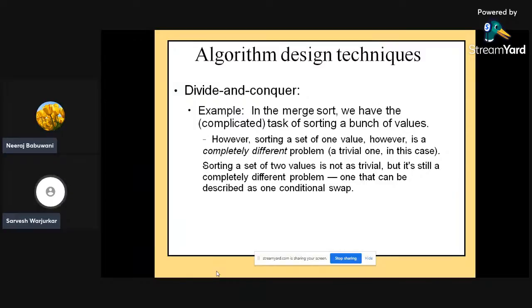Sorting a set of two values is not trivial, but it is still a simple problem, one that can be described as a conditional swap. Swapping is done until we get the smaller element on the left hand side and the larger element on the right hand side. Otherwise, our list may not get sorted, isn't it? So these steps involve, firstly, dividing and breaking the list into two parts.